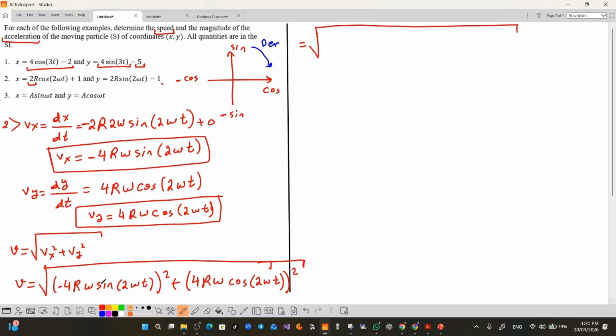However, I'm not going to write the square of 4 because I may add a bracket to get a common factor and then to cancel the square with the square root. So let me show you that the square of the minus is a plus. The square of 4r omega is 4r omega to the power 2, the sine squared 2 omega t, plus 4r omega squared cosine squared 2 omega t.